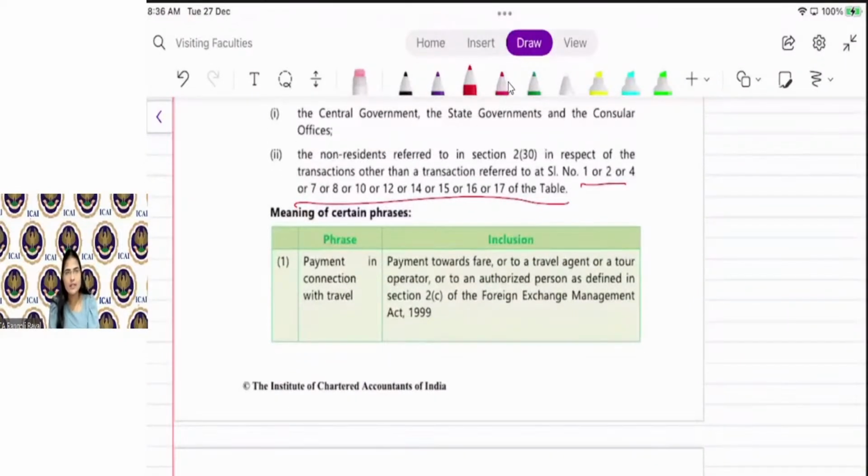Meaning of certain phrases, that is payment in connection with travel. So payment towards fare to a travel agent or tour operator or to an authorized person as defined in FEMA.